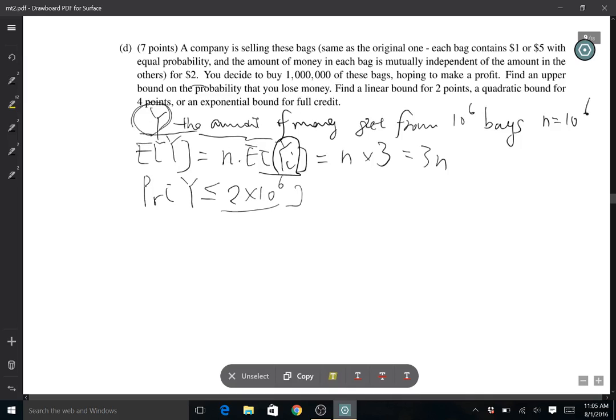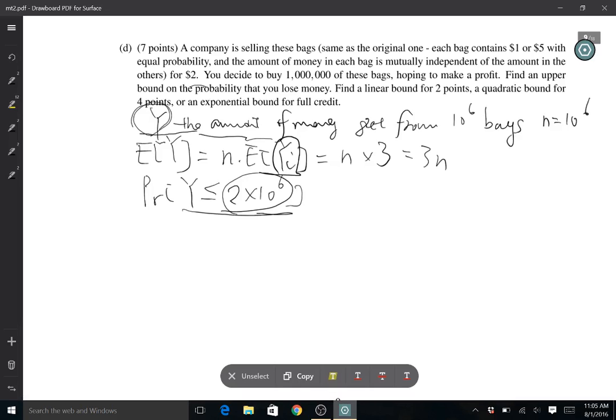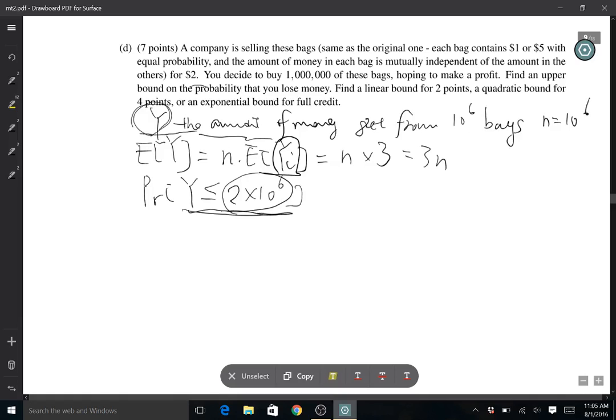This is the amount of money you pay for the bags, so if you get less or equal than this amount of money, you will not get any profit. So we can rewrite this in terms of the probability of Y is smaller or equal to 1 minus delta times mu. Okay, so the mu in this case is just 3n, which is equal to 3 times 10 to the power 6.